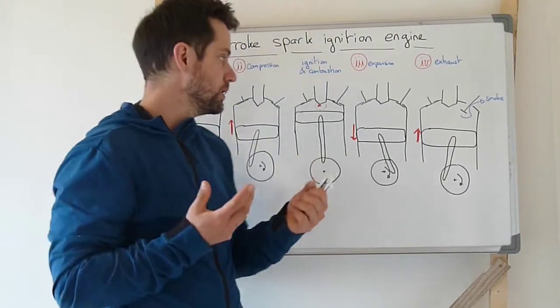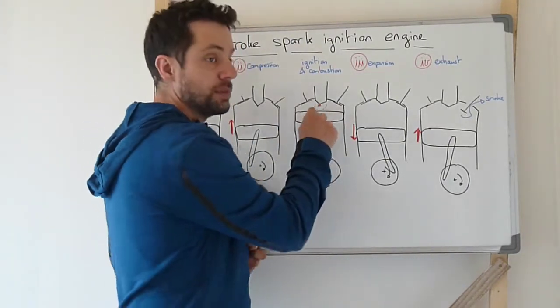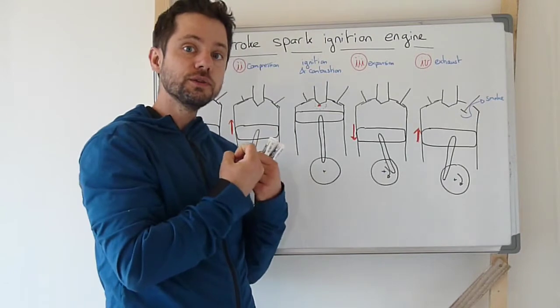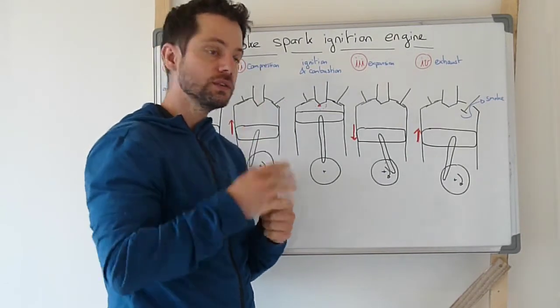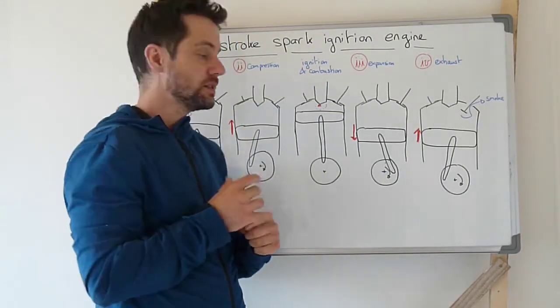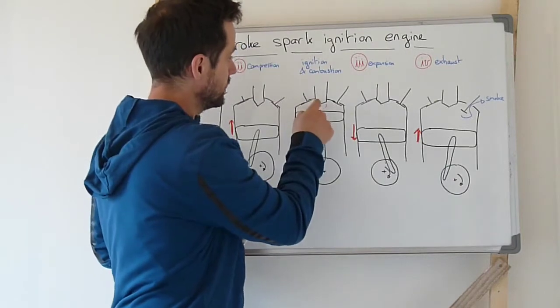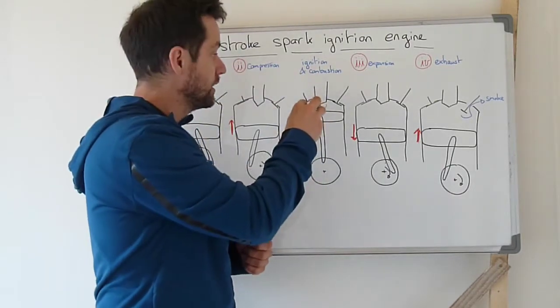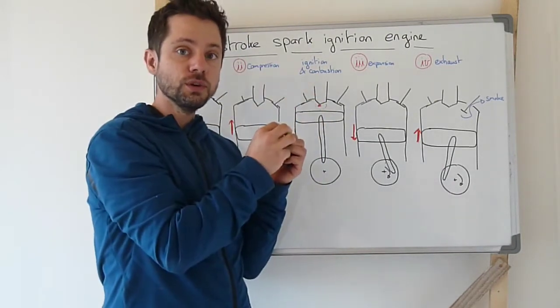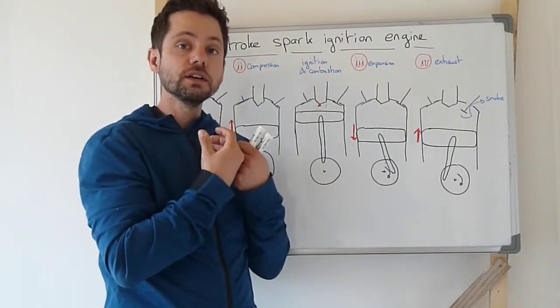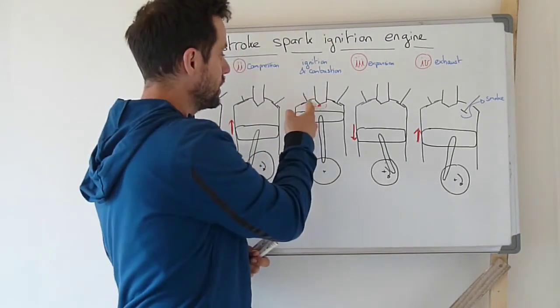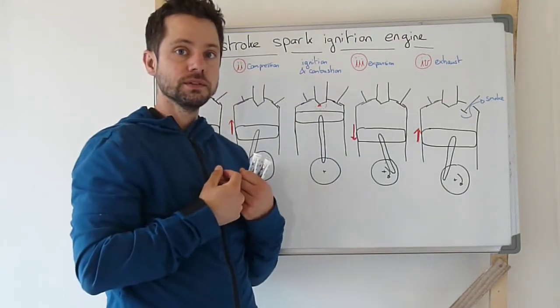The spark plug will create a spark that will locally increase the temperature above the auto-ignition temperature. So combustion will take place locally, and this combustion of the fuel will release a lot of heat that will heat up the fluid all around.